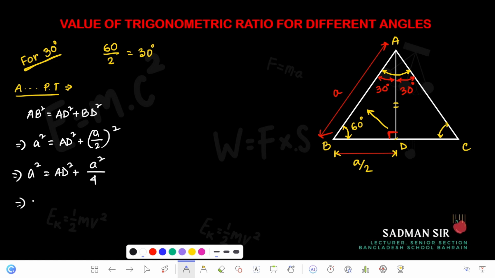Now if I change the side, A square by 4 is positive. If I bring it on the left hand side, then it will become negative. Okay. So now if you do the LCM, 4 into A square, it will be 4A square minus A square, so AD square.